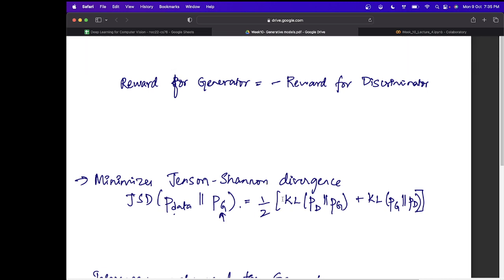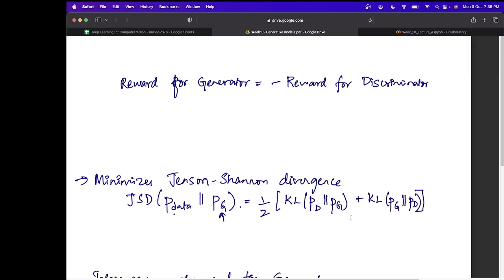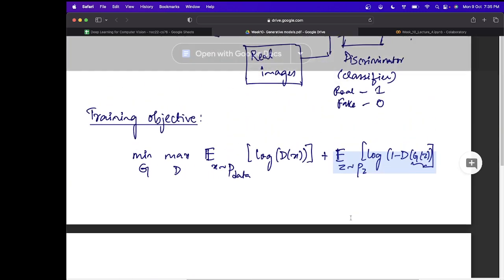For example, if you take this KL term that I'm pointing out between PD and PG, and you invert these two, KL of PG and PD is not equal to KL of PD and PG, right? So in that way, JS divergence is a symmetric loss. It basically ensures that your P data, the true data distribution, and the generator's distribution should be as close as possible.